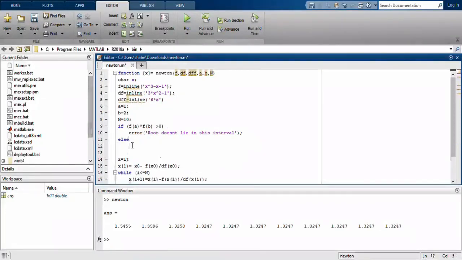Else you have to check the endpoints, whether A is the initial approximation or the other one is.